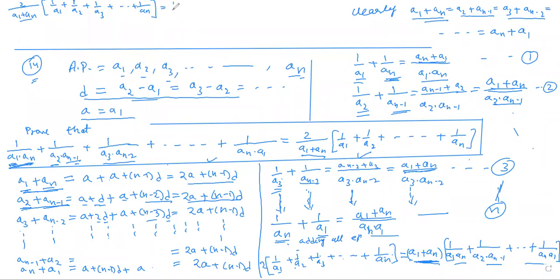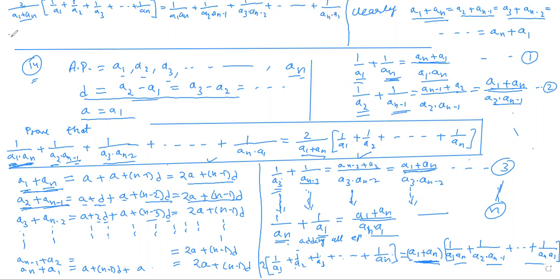So it remains with 1 by a1 an plus 1 upon a2 an minus 1 plus 1 upon a3 an minus 2 and so on, plus finally it is 1 upon an into a1.